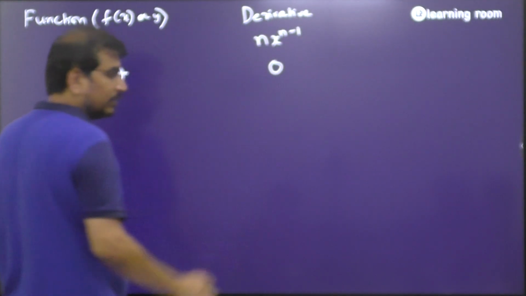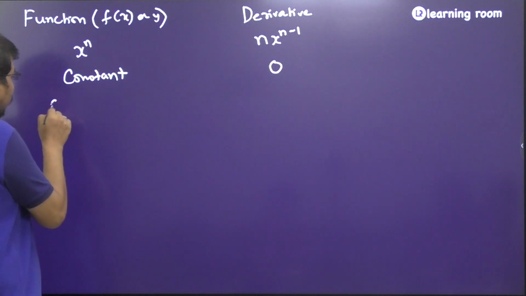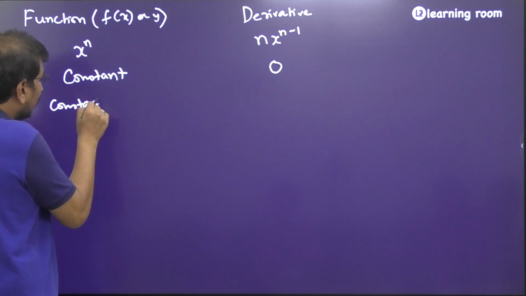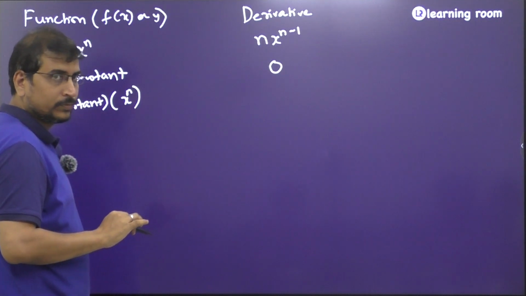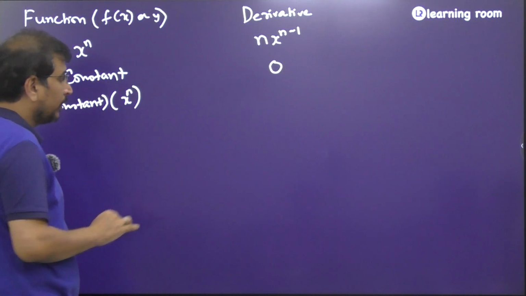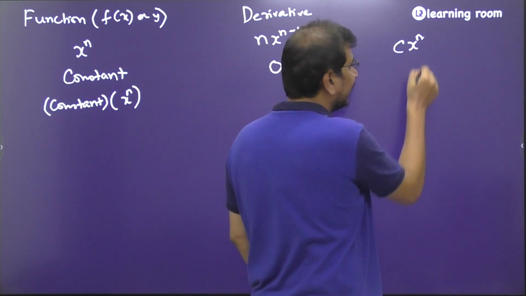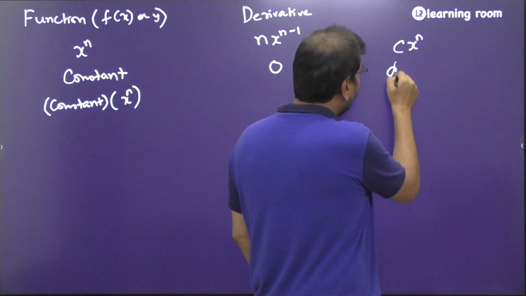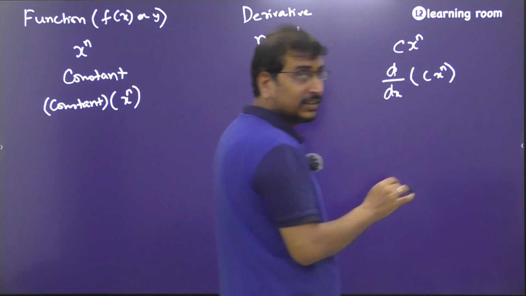Suppose I have a constant. The derivative of a constant is always 0. But the derivative of a constant multiplied with x power n is not 0. For example, if I have a constant multiplied with x power n, so d by dx of c into x power n, you cannot write it as 0.